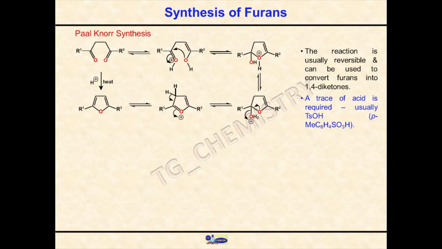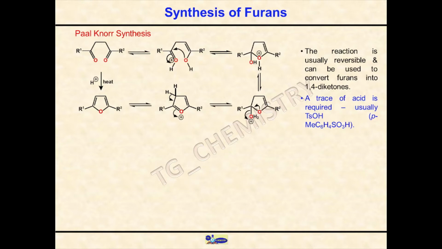The process is initiated by protonation of one of the carbonyl oxygen atoms, followed by ring closure by the unshared pair of electrons on the other carbonyl oxygen, which undergoes tautomerization to form the enol structure. In the next step, it can form a furan structure, a five-membered ring having an oxygen atom in the skeleton, and aromatization then leads to furan as the major product.